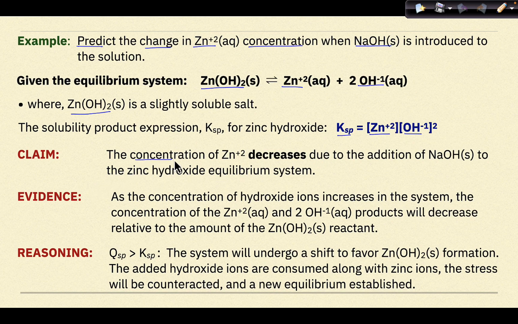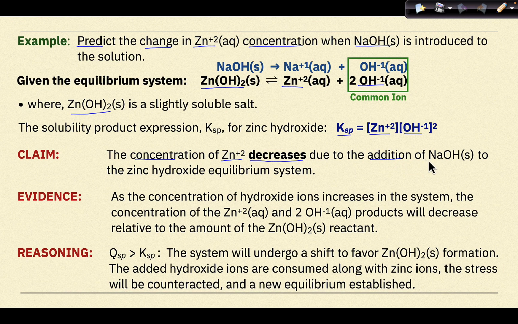Claim: the concentration of Zn2+ decreases due to the addition of NaOH solid to the zinc hydroxide equilibrium system, as we see up here. As the concentration of the hydroxide ions increases in the system, the concentration of the zinc ion and hydroxide ion products will decrease relative to the amount of the Zn(OH)2 reactant.